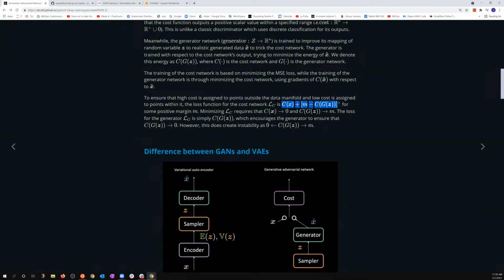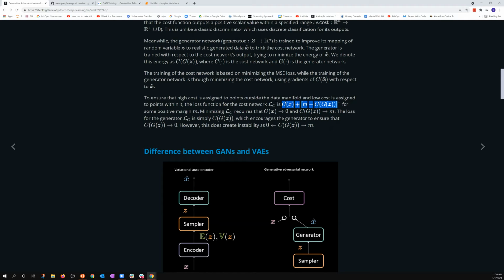And since we want the overall thing to be low, and like you correctly explained, cost of X is close to 0 when X is a real input. My understanding is you want the right side to be cost of G(Z) approaching M or close to M or slightly more than.